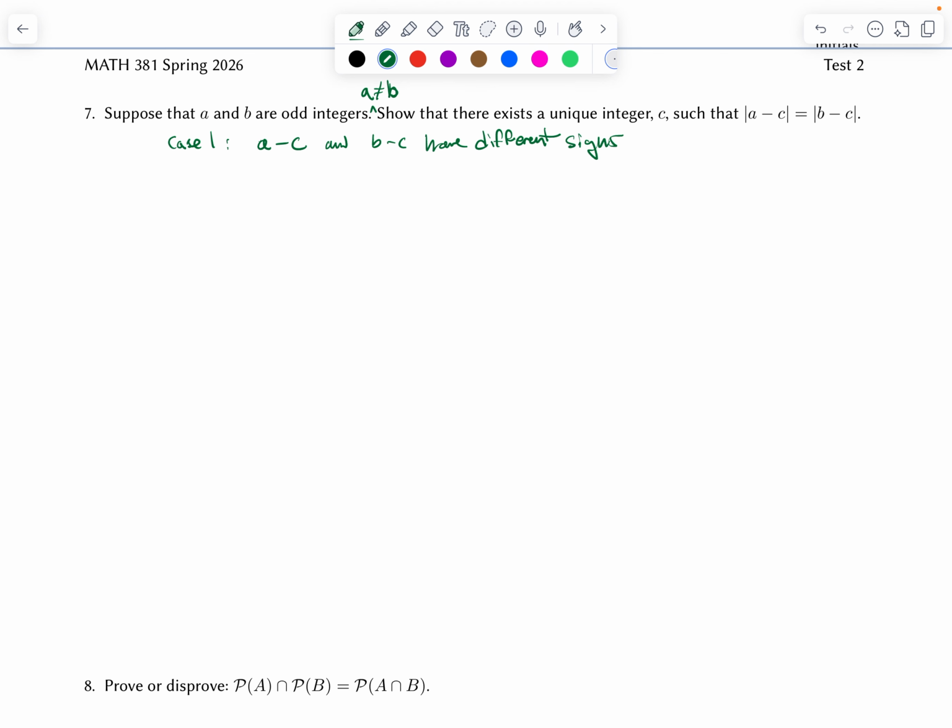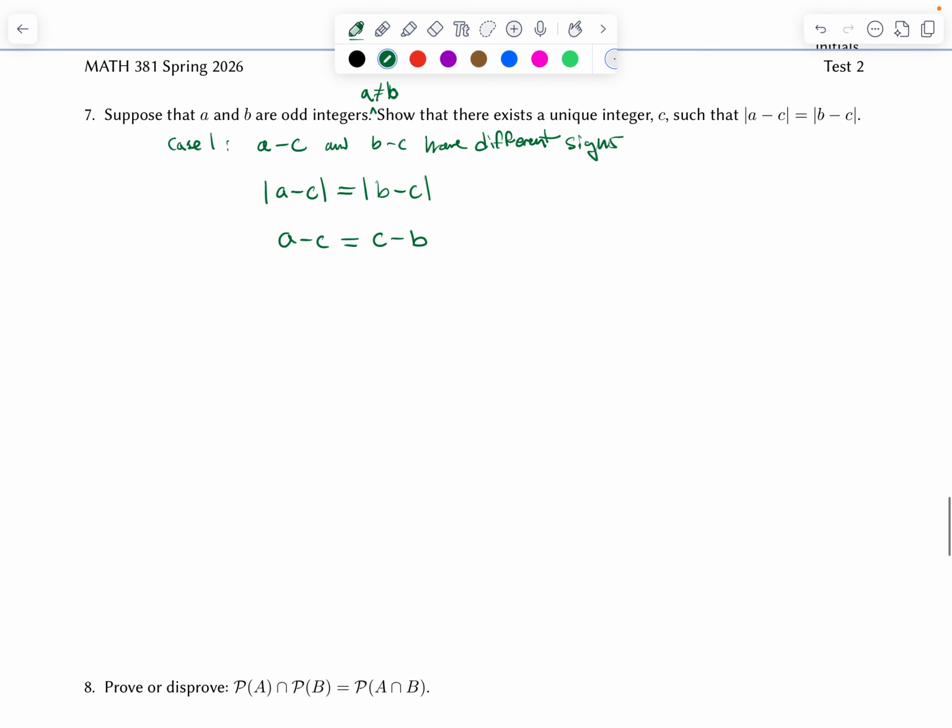In that case, the absolute value of a minus c equals the absolute value of b minus c, so one of those will have to switch. You'll get a minus c is equal to c minus b.